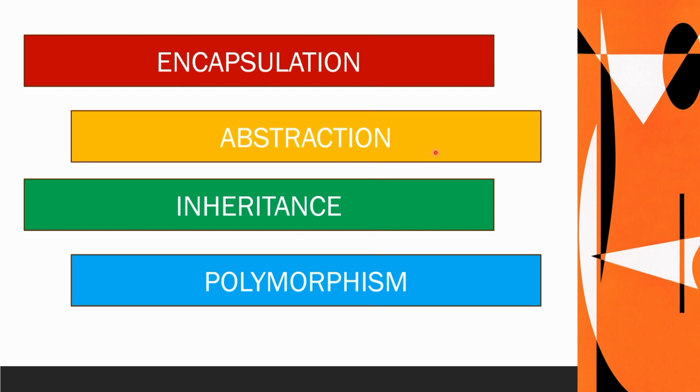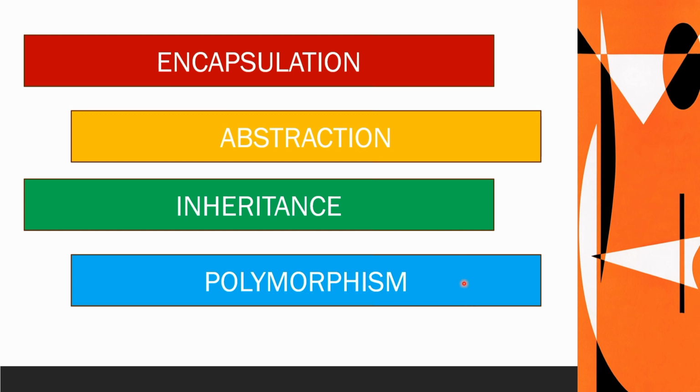So this is abstraction. Inheritance is nothing but you can inherit the class. In the class there will be some common things for all classes. If you want to access the properties and methods from the class, you can just inherit the class and use them. So this is inheritance.